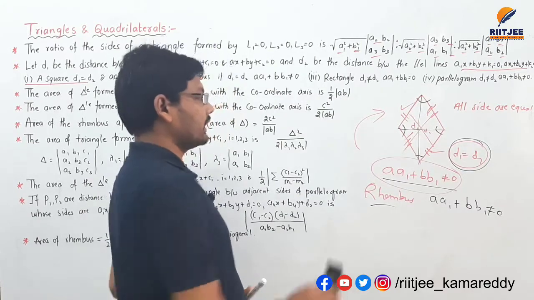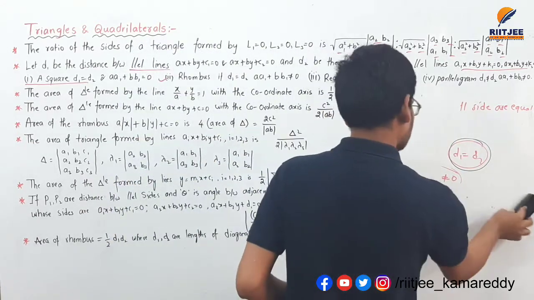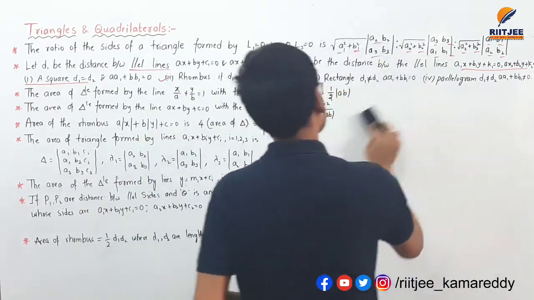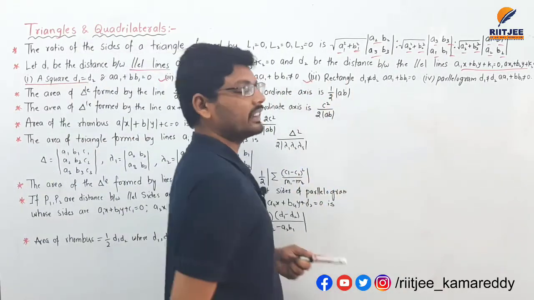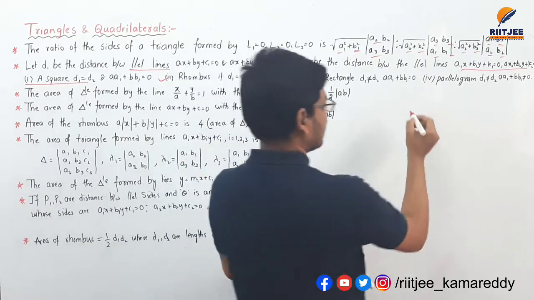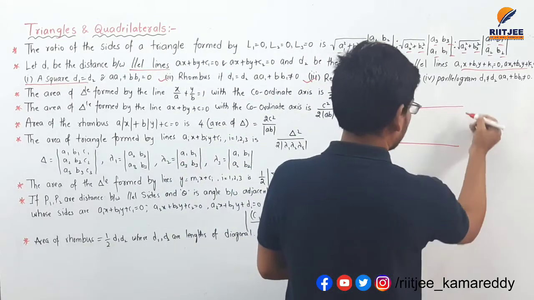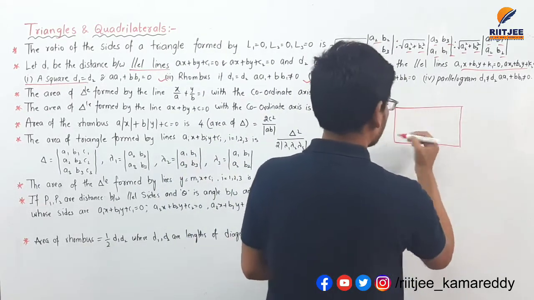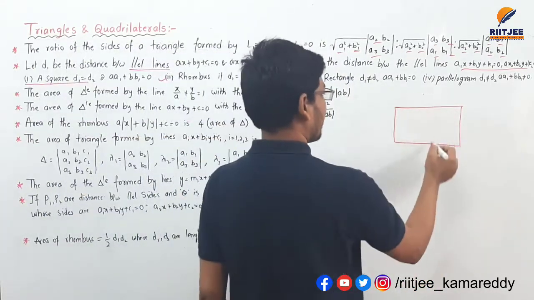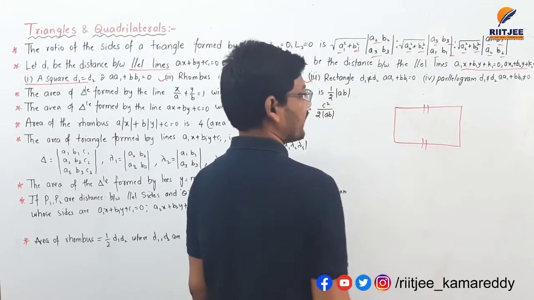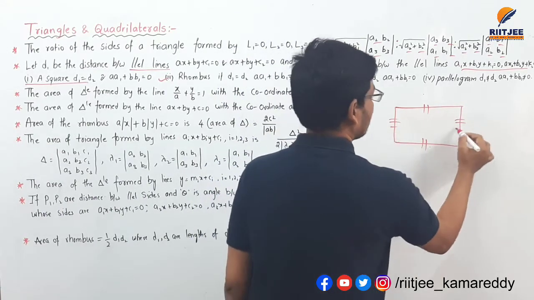And the next point is rectangle. A rectangle is like this. This is a rectangle, and this is the first set of parallel lines. This is the second set of parallel lines.